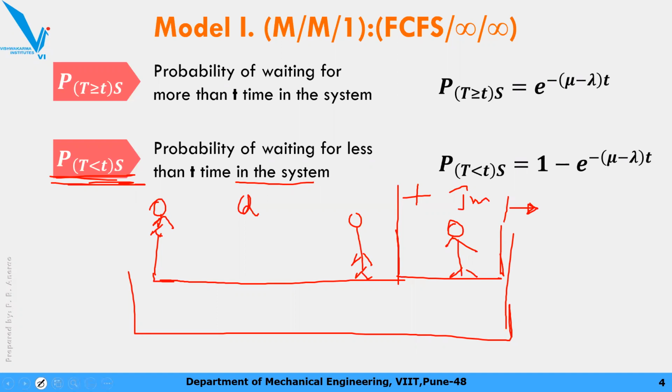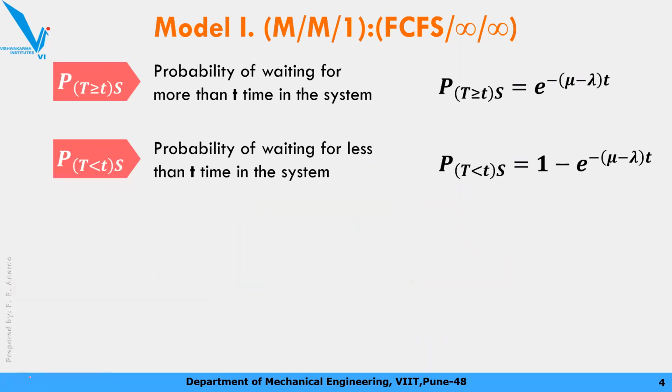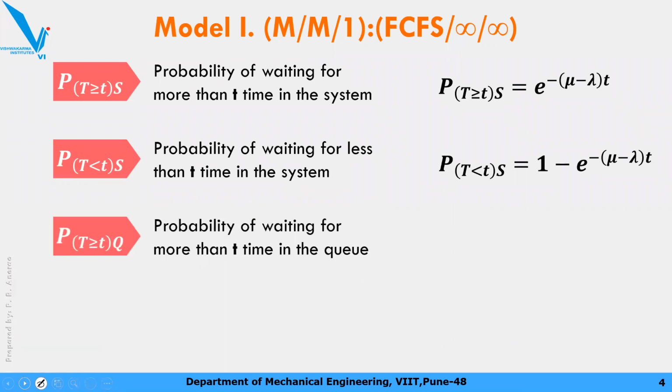Okay, but sometimes people focus on only the time spent in the queue. So sometimes we need to calculate the probability of waiting for more than t time in the queue, not in the system. Okay, where the service is happening, you bear that time, or the customers bear that time, that if it takes a little more time at the cash counter it is fine, but we should not spend more time in the queue.